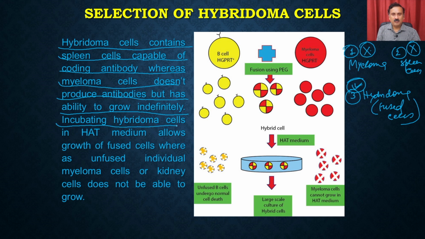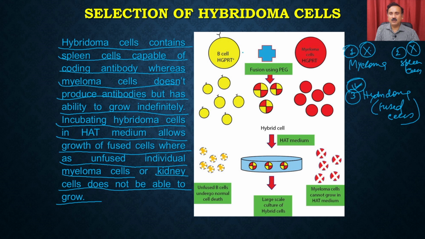Incubating the hybridoma cells in HAT media allows the growth of the fused cells, whereas the unfused individual myeloma cells or the spleen cells are not able to grow. So what will happen is that you have a B cell which is HGPRT positive, right? And you have a myeloma cell which is HGPRT minus, right?